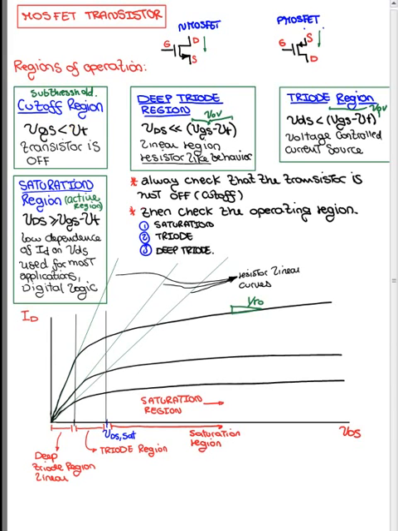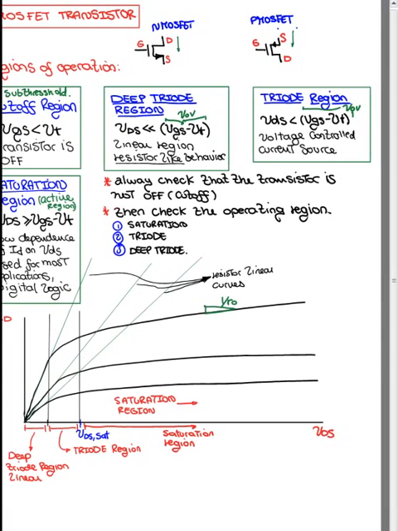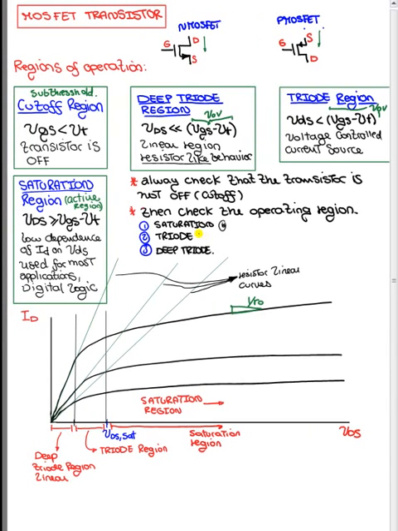Then you go ahead and check the operating region, right? And then most of the time we want it in saturation region. Remember that. If you want a transistor to operate in a linear manner, like a resistor, then maybe you will want it in deep triode region. It's very hard, but if you can keep it within that region, you'll operate as a resistor. So here's a graph of the drain current with respect to the drain to source voltage.